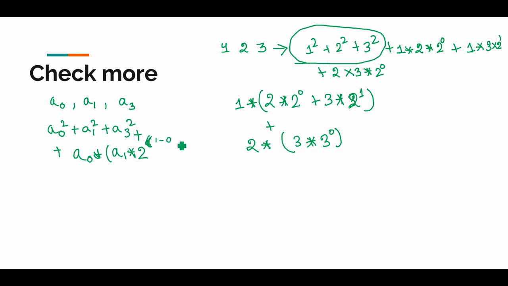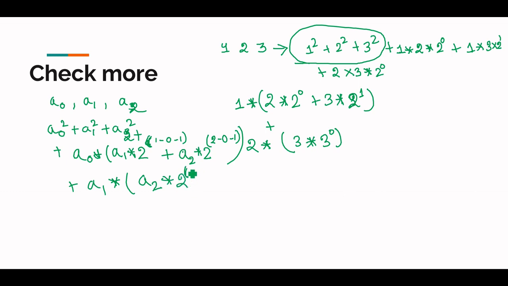So 1 minus 0 minus 1, plus a0 into a2 into 2 to the power 2 minus 0 minus 1, plus a1 cross a2, 2 to the power 2 minus 1 minus 1.